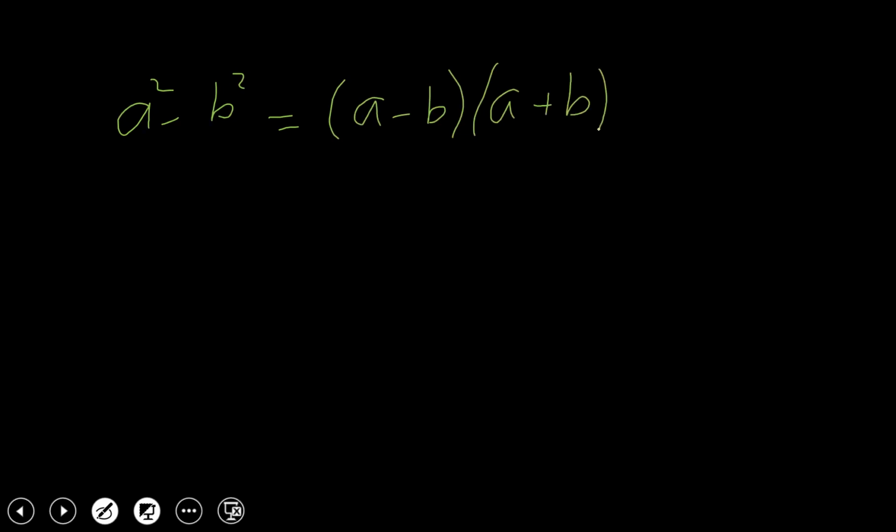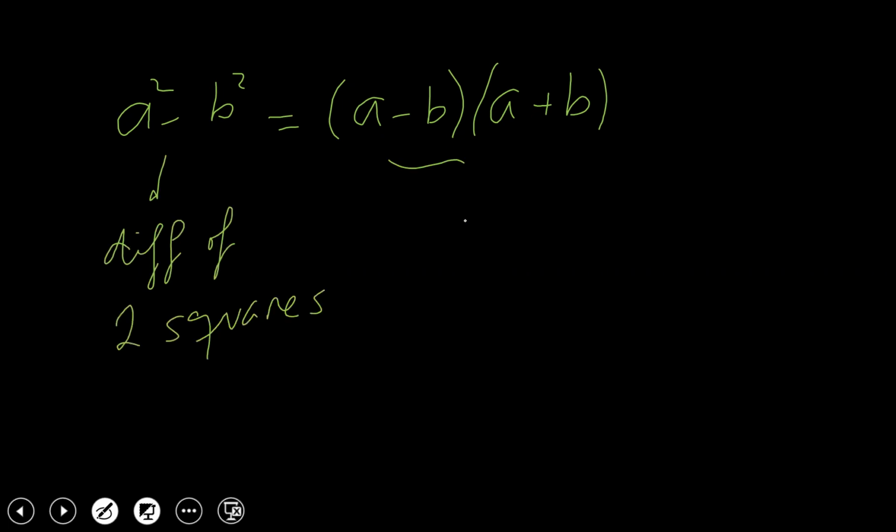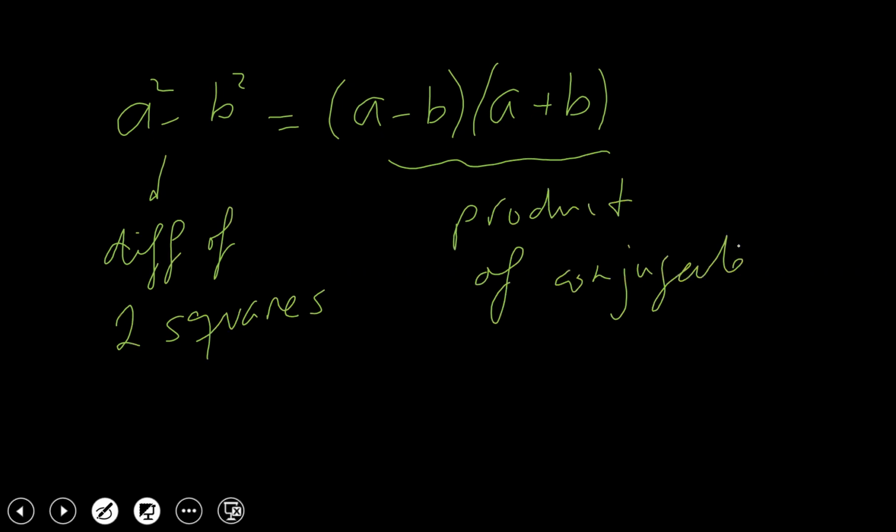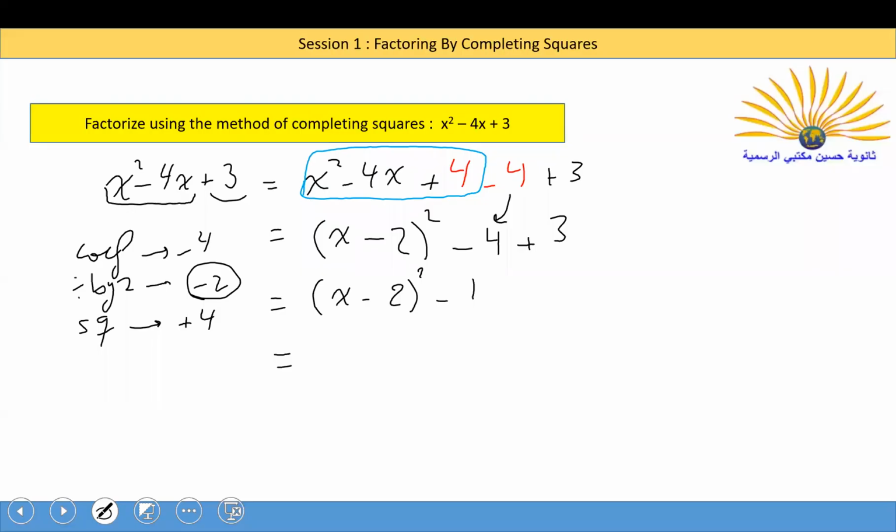This is called the difference of two squares, and it equals the product of conjugates. So here we have (x minus 2) squared minus 1 squared. So this becomes a minus b into a plus b.